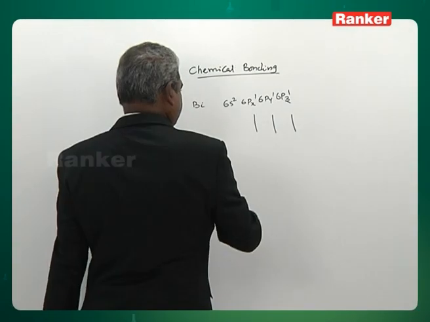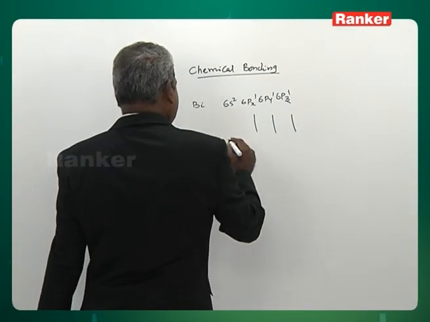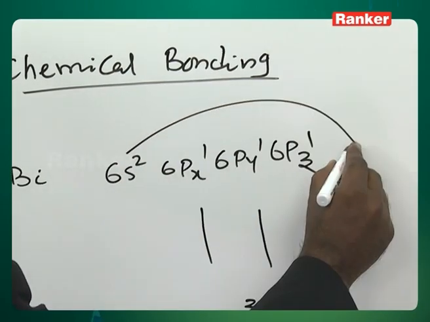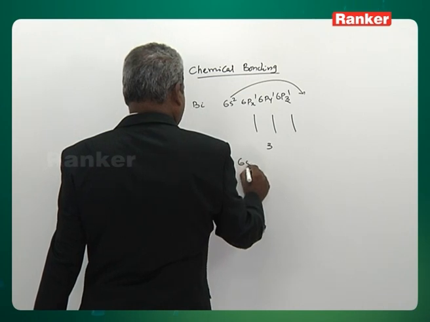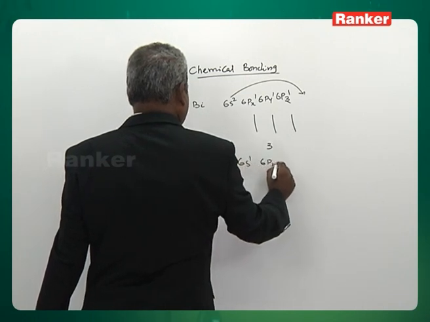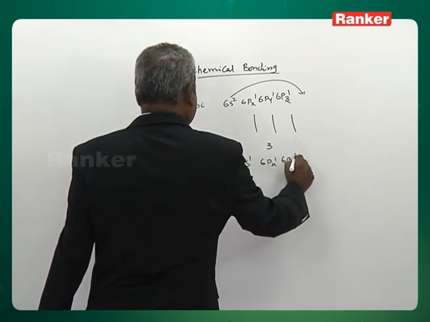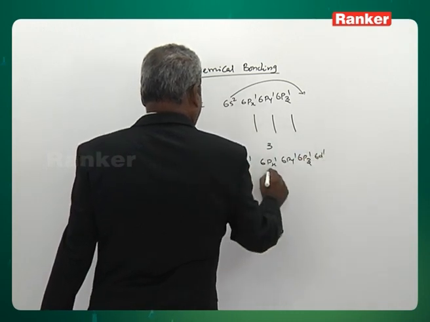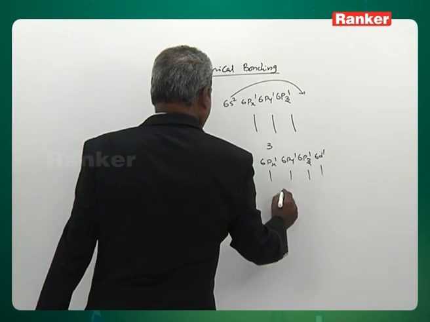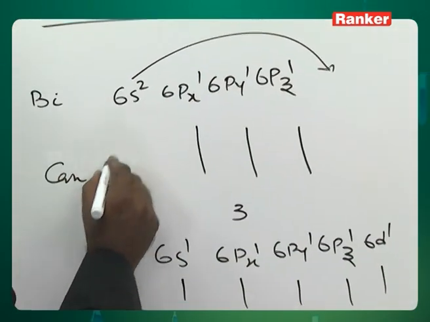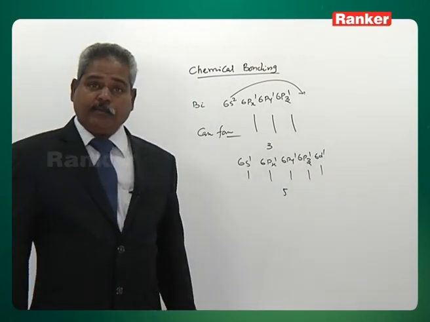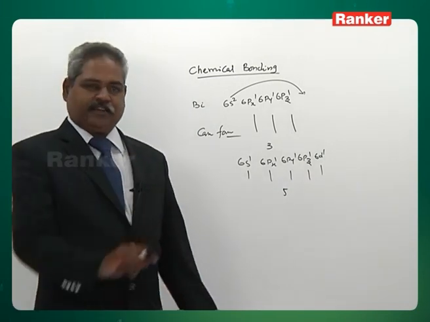It can share, and in its excited state, suppose the electrons are excited, 6s electrons, 6s1, 6px1, 6py1, 6pz1, 6d1. Bismuth can form 5 bonds also. I repeat, can form. Bismuth can form 5 bonds also if necessary.